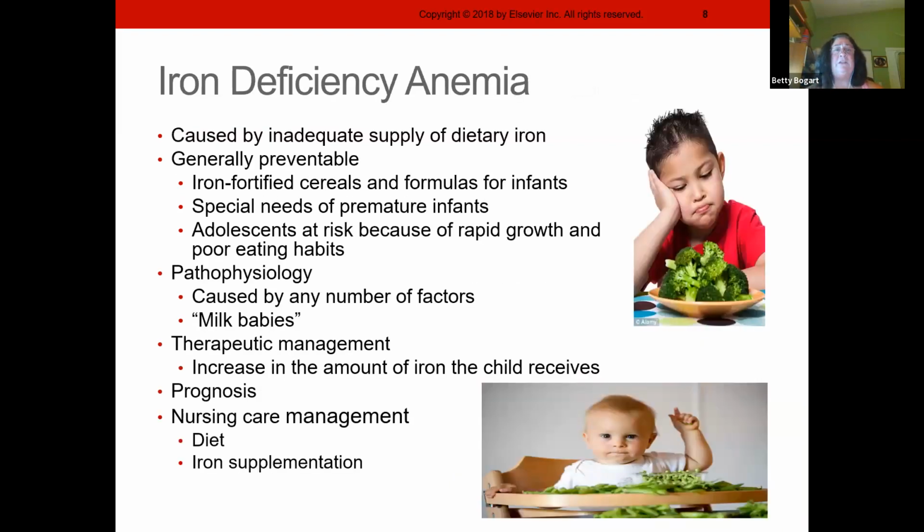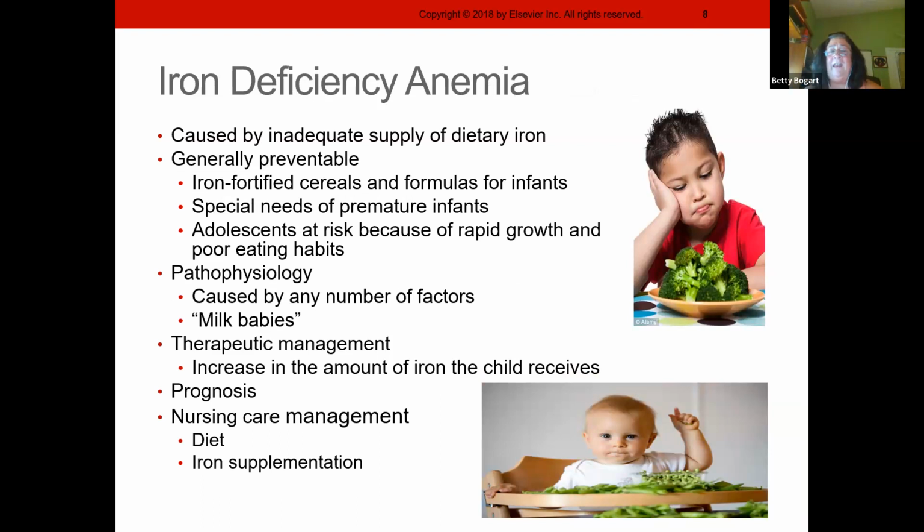So iron deficiency anemia, we know the most common of all, can start from birth. I've been a nurse forever. Let's just say forever, 50 years, I don't know, a long time. And I know that they've gone from giving formula with iron or formula without.